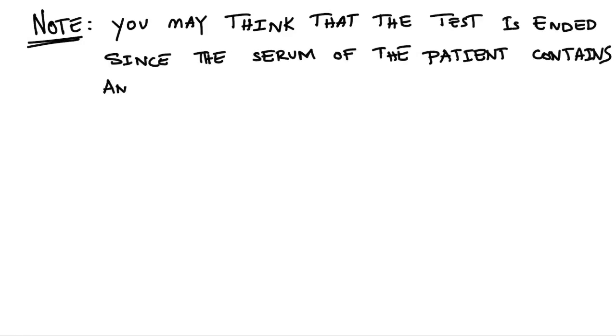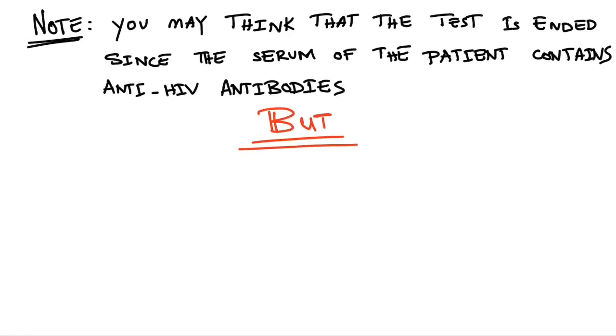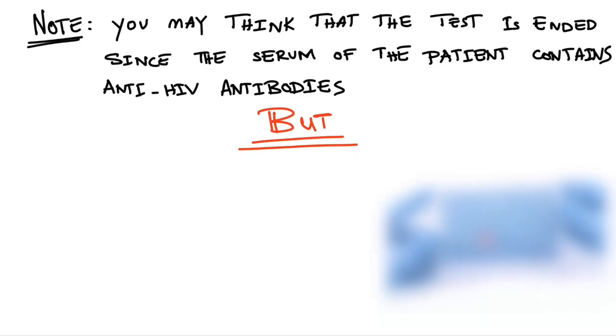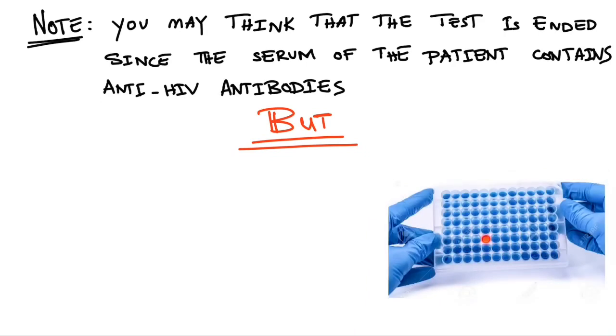This is an important note: you may think that the test is ended since the serum of the patient contains anti-HIV antibodies as shown in the diagram in the well, but really the kit looks like this. We can't really see the antibodies by naked eyes.